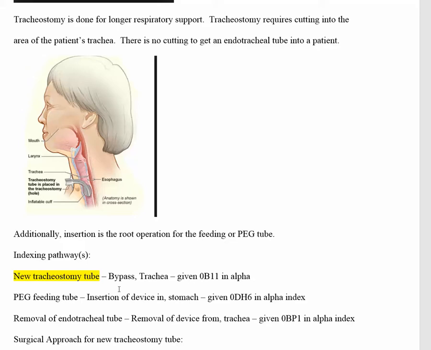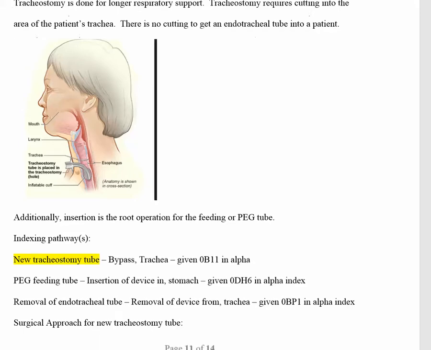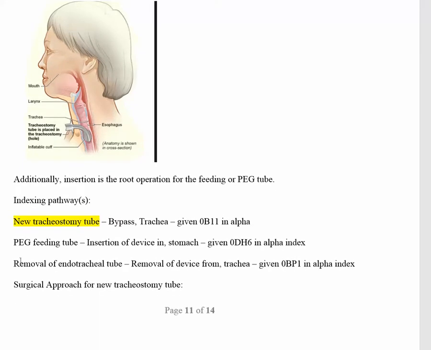So if we code that first, because clinically that's what's happening first in our clinical information, we have bypass trachea. We're given 0B11 in the alpha. If we keep in our alpha index, for our PEG, we're going to index the pathway of insertion of a device in the stomach. We're given 0DH6 in the alpha, just for that.